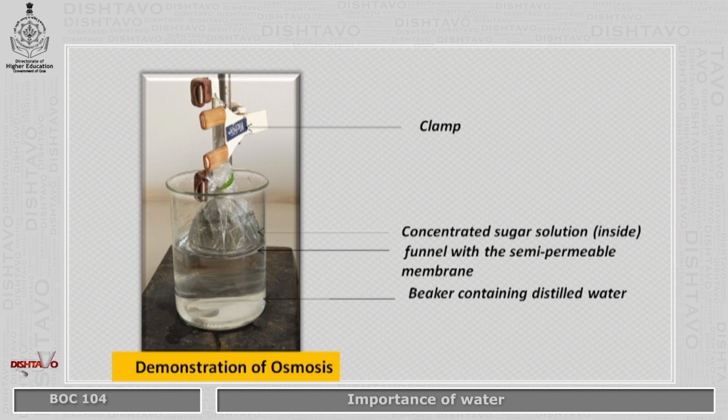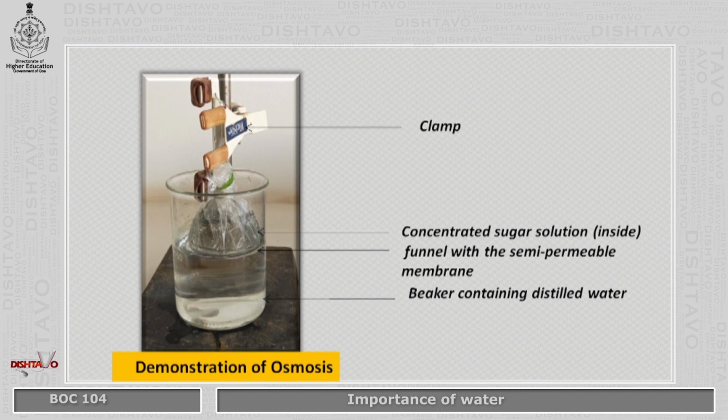This is an example wherein we can show demonstration of osmosis. This is also called the Thistle funnel experiment. You can take pure water in a beaker and a funnel which contains concentrated sugars. Tie the mouth of the funnel with a parchment paper which can act as a membrane here and clamp it to a stand.